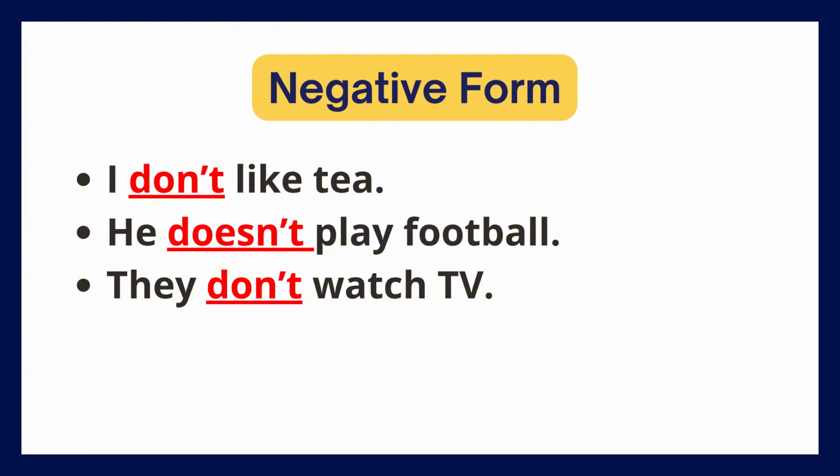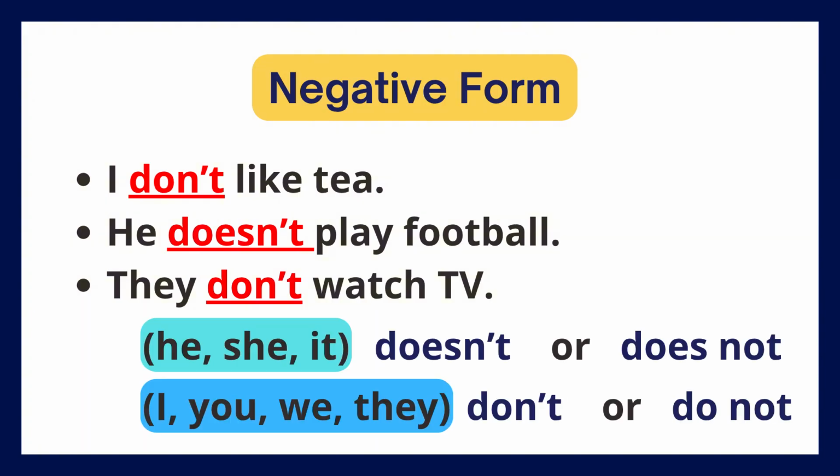Why doesn't? Why don't we use don't? Let's see at the next part. They don't watch TV. So here we have don't to make the negative. So we have I don't, he doesn't, they don't. When are we going to use don't or doesn't? It's simple.